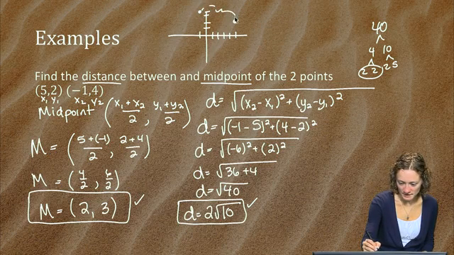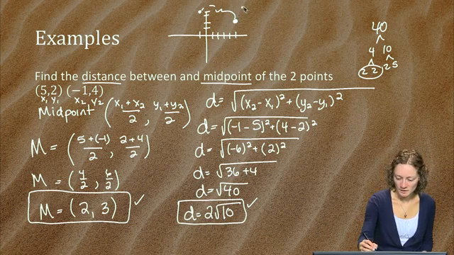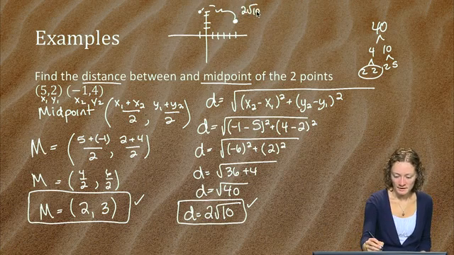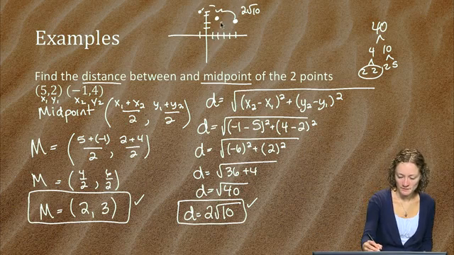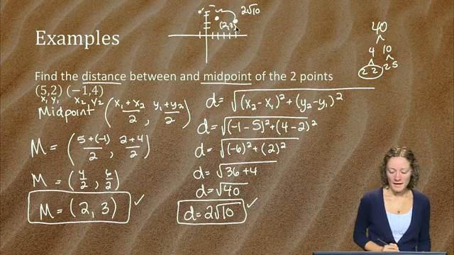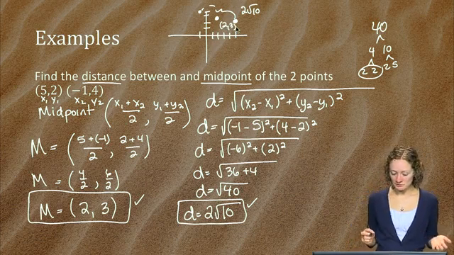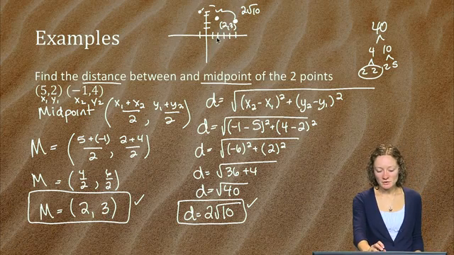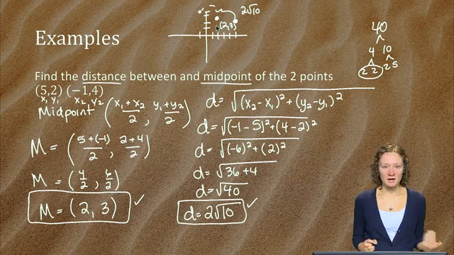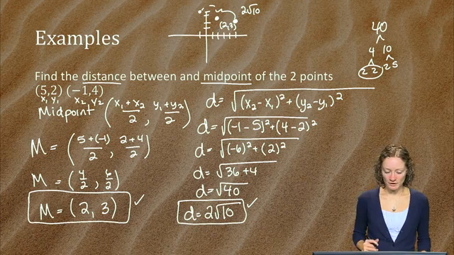So the distance between the two is 2 root 10, and then the midpoint right in between is 2, 3. It may not give you a nice point like this every time, and based on my drawing, you can see it doesn't quite look perfect, but on a printed graph, it would look accurate.